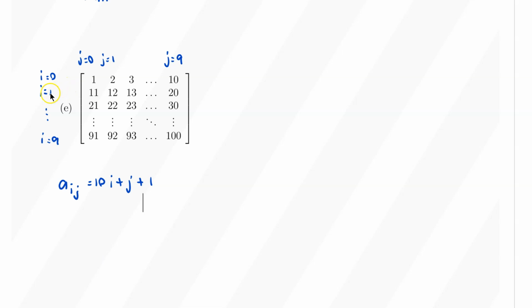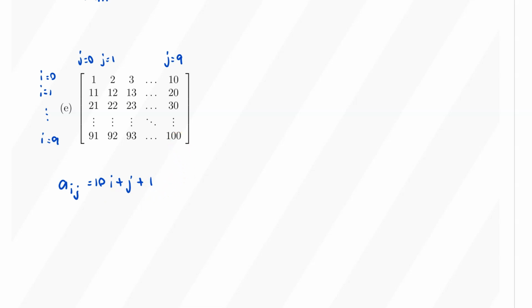When i is 1 and j is 0, I'm going to have 10 times 1 plus 0 plus 1, so that's 11. If i equals 1, j equals 1, I'm going to have 10 plus 1 plus 1, and that's 12. And for the last entry, if i and j are both equal to 9, I'm going to have 90 plus 9 plus 1, which sums up to 100.